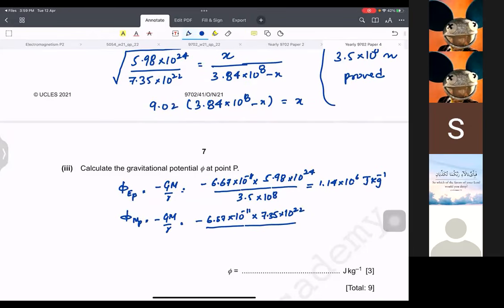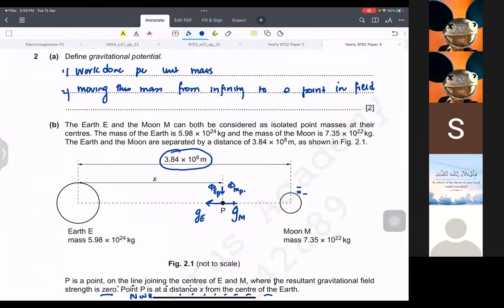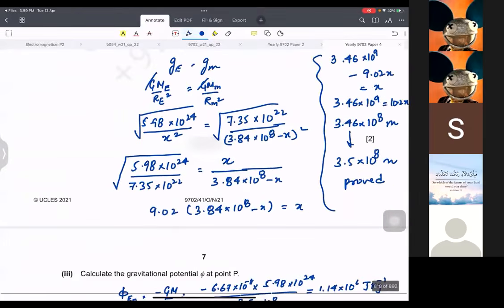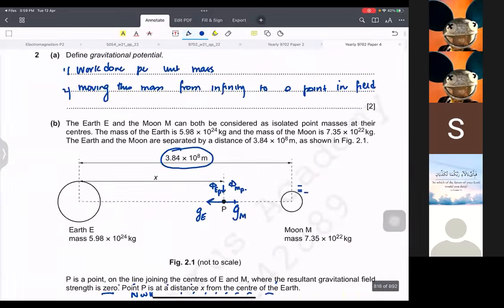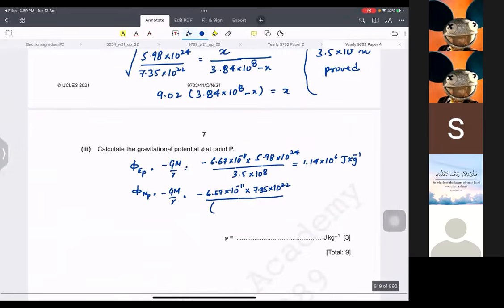What do we do? If we subtract this from 3.5, it will be 0.34, right? Is it? Yeah. So you got to subtract it. 3.84 times 10 raised to 8 minus 3.5 times 10 raised to 8.